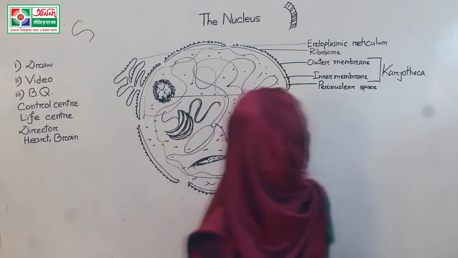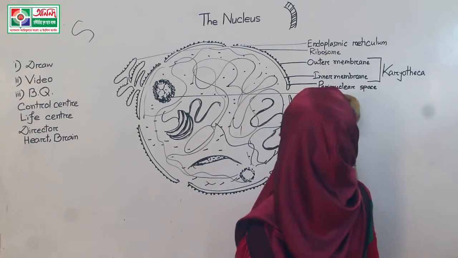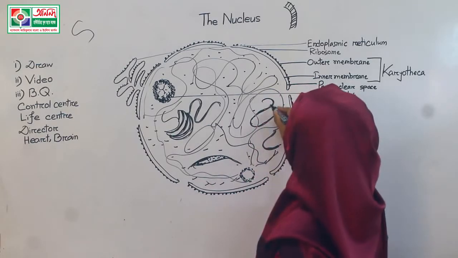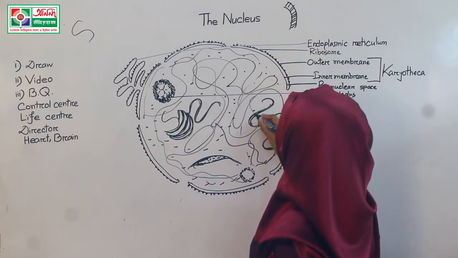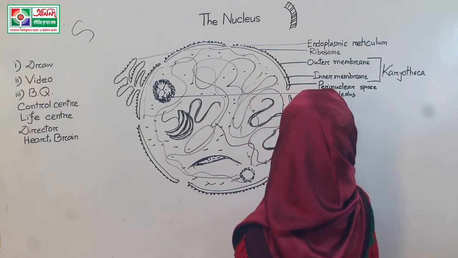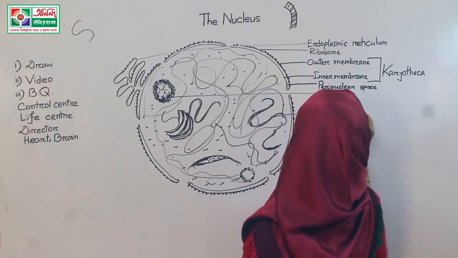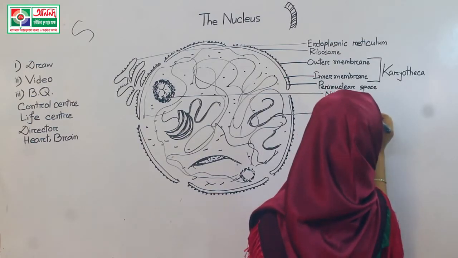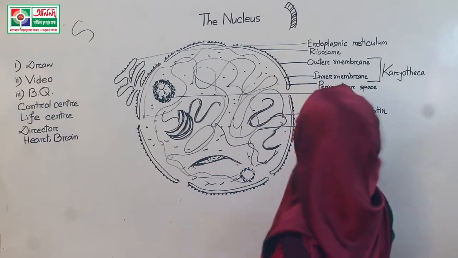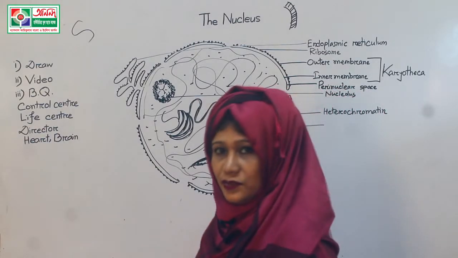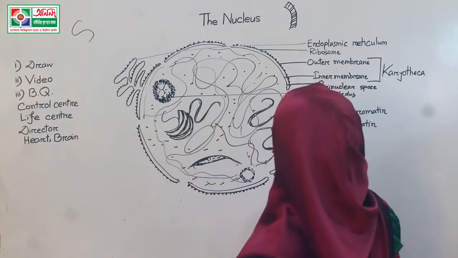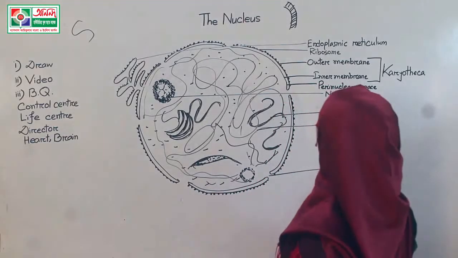Now this is our nucleolus, and the darker portion is known as the heterochromatin. And the light portion is known as the euchromatin. And this is our nuclear pore.